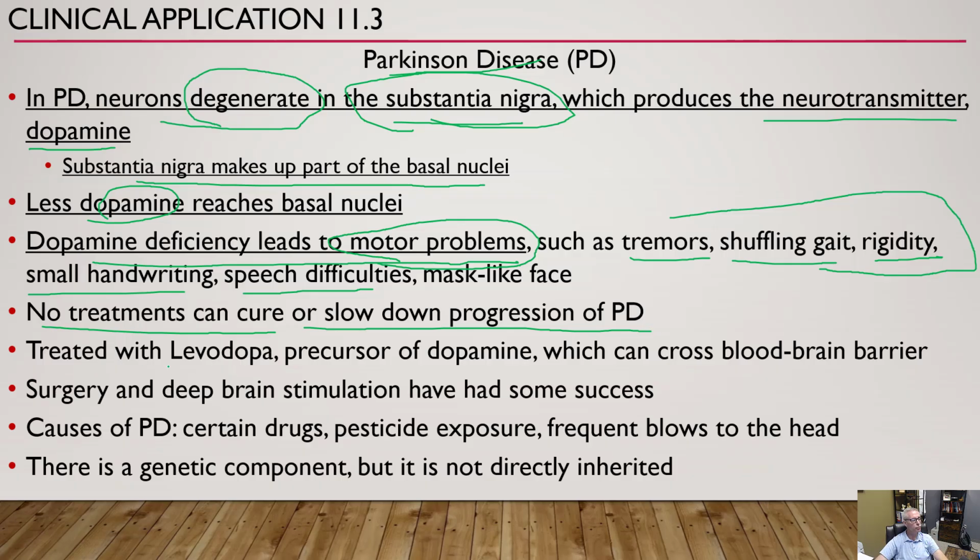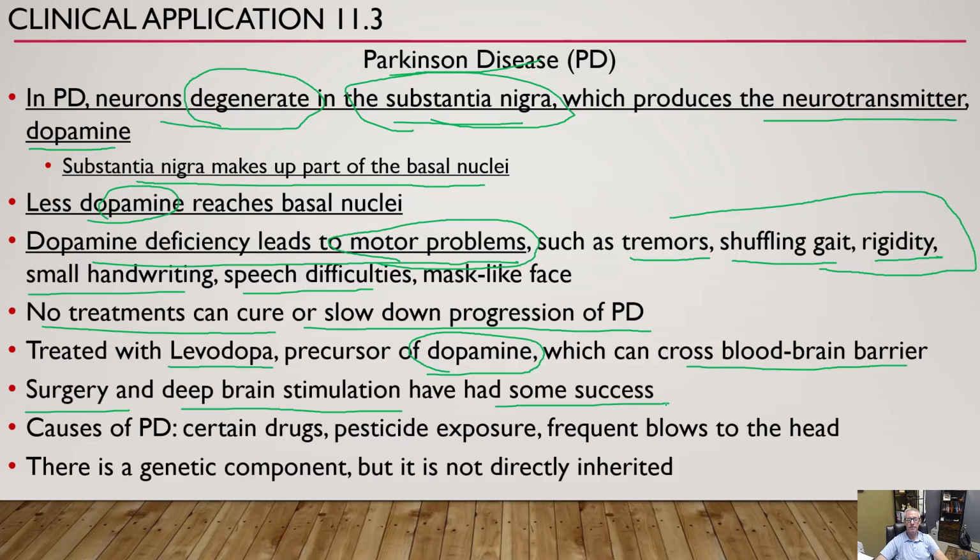Now, you can treat Parkinson's with this medication called levodopa. It's actually a precursor of dopamine that can cross the blood-brain barrier. And you can have a deep brain stimulator. It's a surgical implant, and that has had some success.